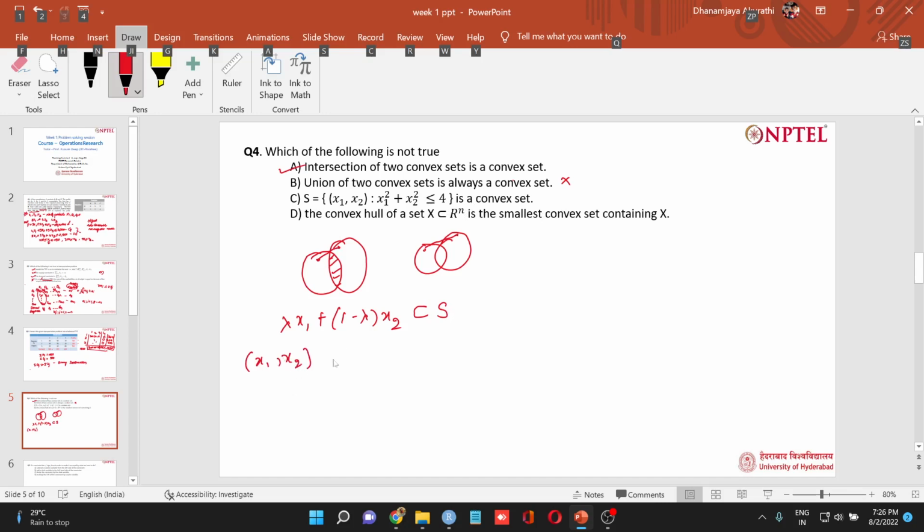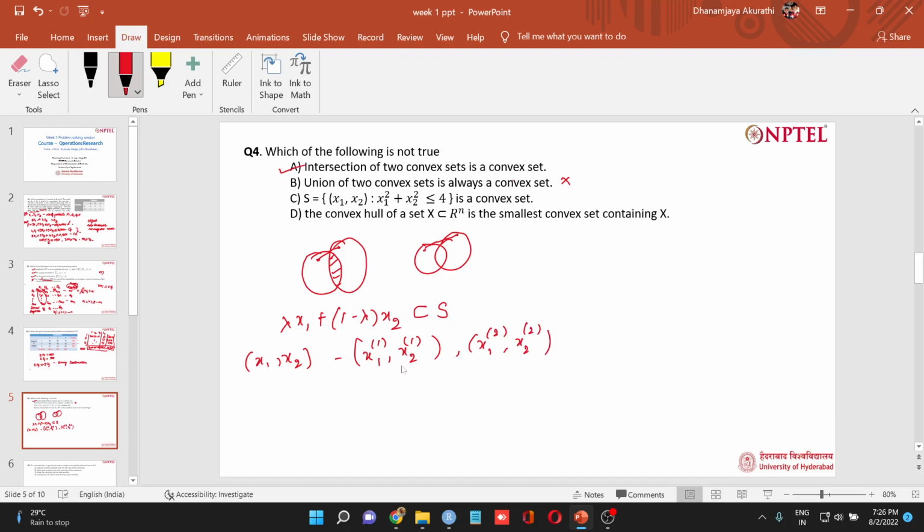So if we take 2 points from this convex set, one point is (x1 1, x2 1), this is one point from the given set, and (x1 2, x2 2) is another point from the given set.